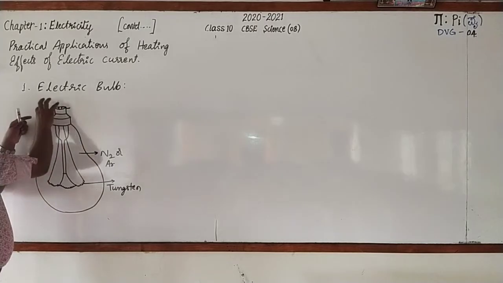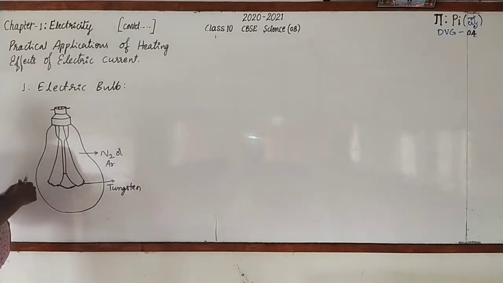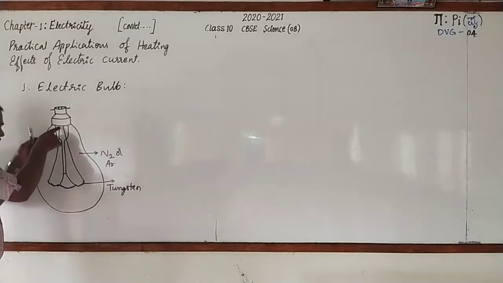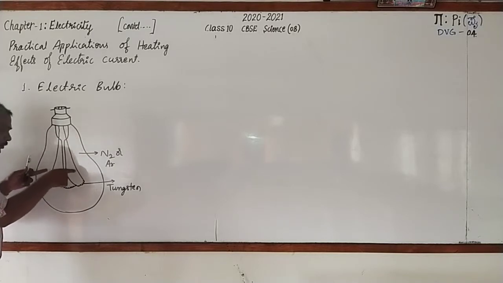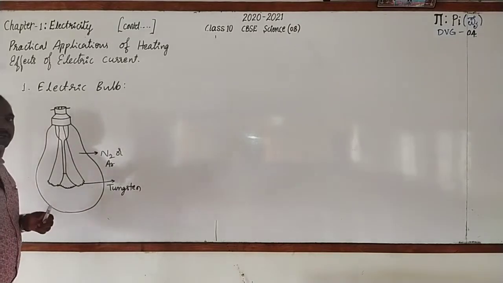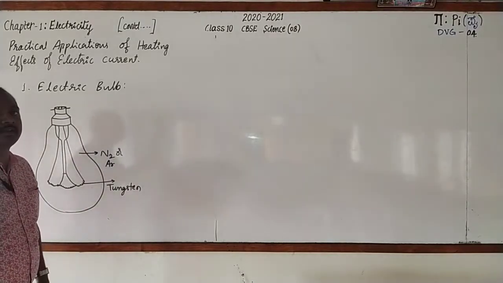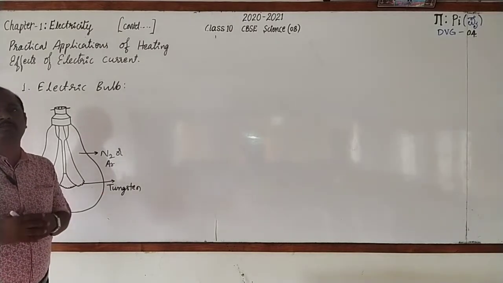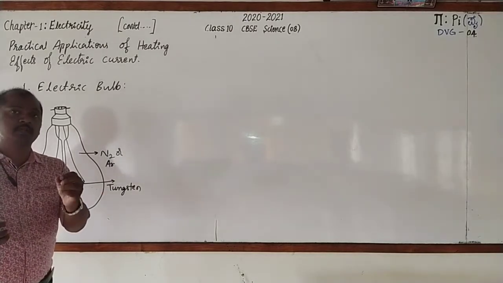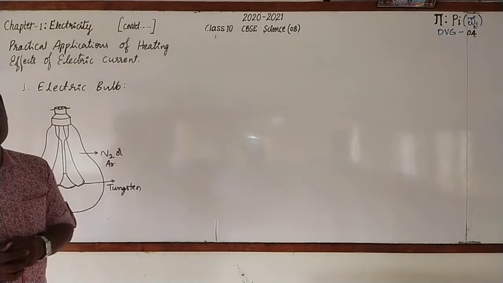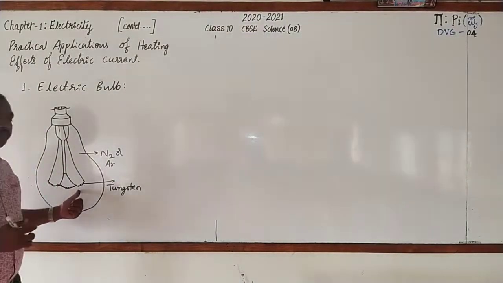When the electric current flows in this electric bulb, see, it flows through the copper wire, then it will reach the tungsten. And an important characteristic of tungsten is it has high electric resistance. If a large amount of heat has to be produced, then obviously its resistance should be more.